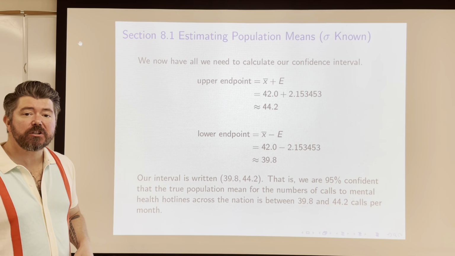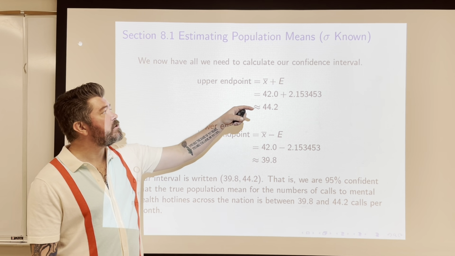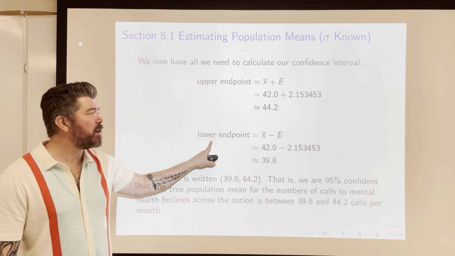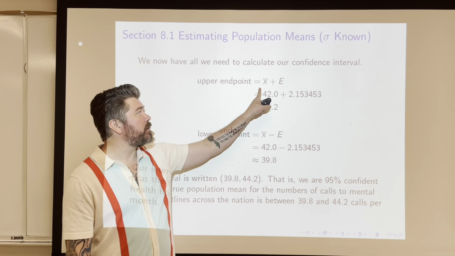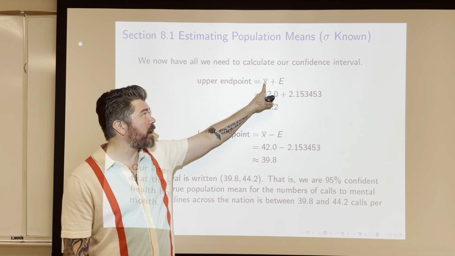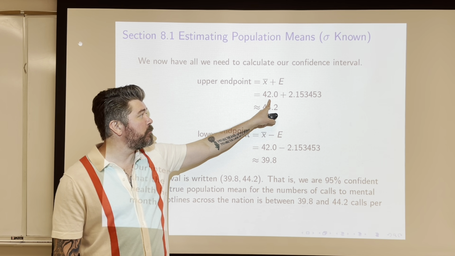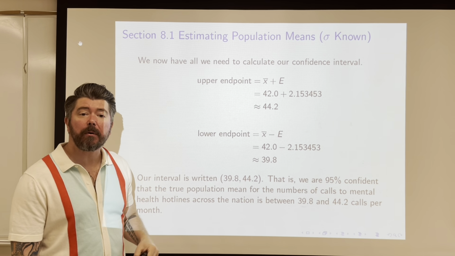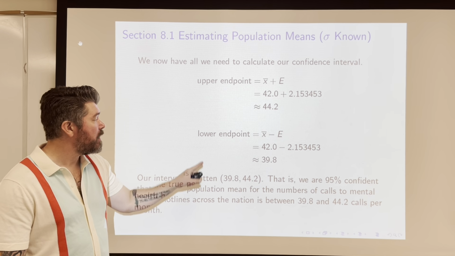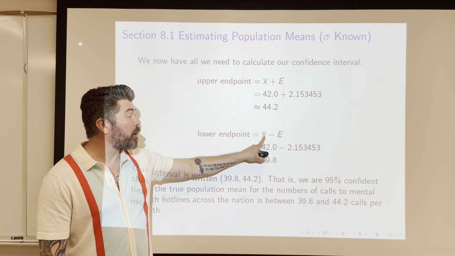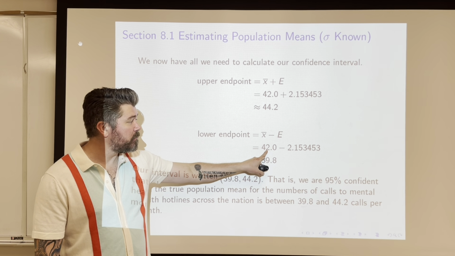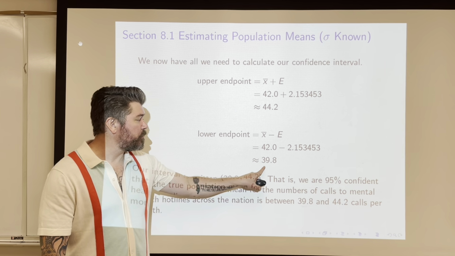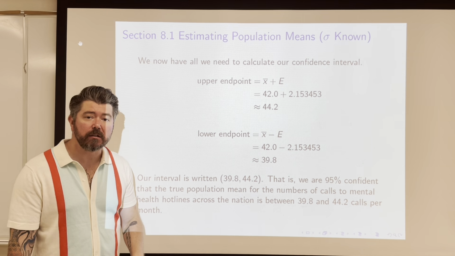Now, to finish the problem, all we need to do is find our upper endpoint and lower endpoint of the interval. Our upper endpoint, we take our point estimate, remember our x bar, which was given to be 42.0, and we add our error that we just calculated. We get approximately 44.2. Our lower endpoint, we take our point estimate, our sample mean, 42.0, and we subtract our error, and we get approximately 39.8.